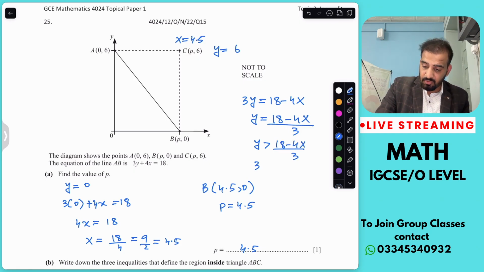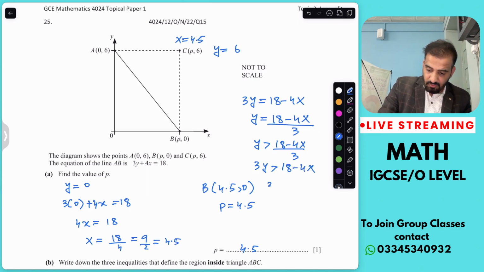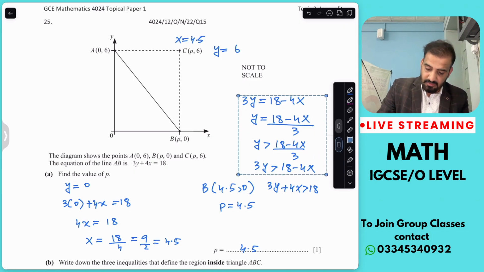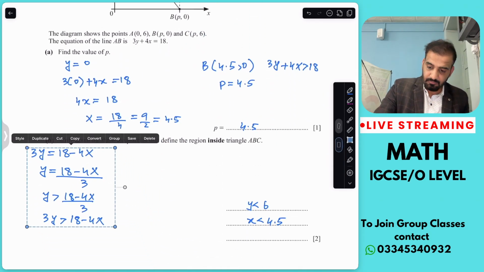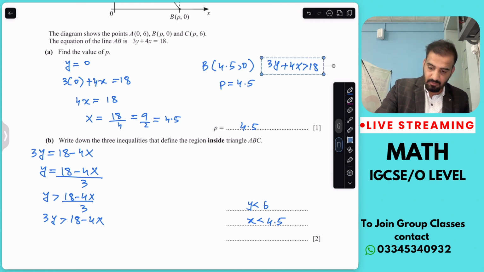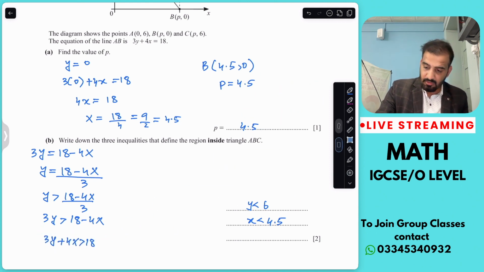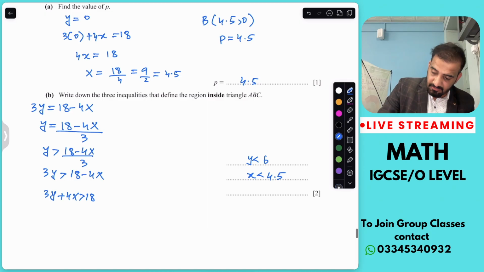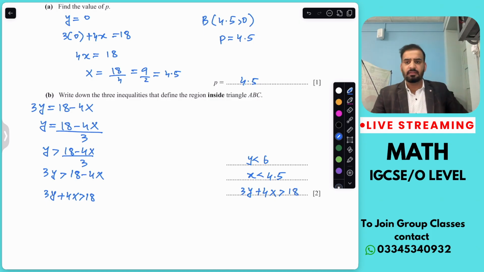And it's up to you how you write the answer in the answer box. If you wish to write the exact answer just like the marking scheme, you have to do some steps. So this is your answer: 3y plus 4x is greater than 18. That's it.